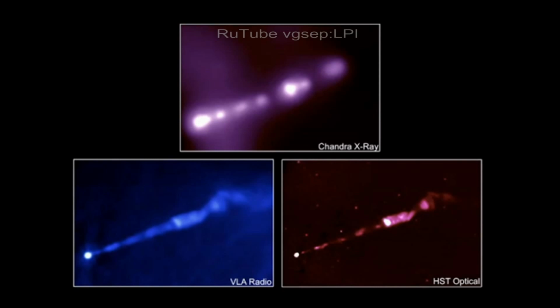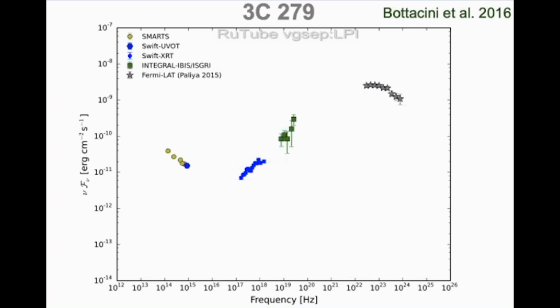And these images are all to scale, and you clearly see that the jet originates in the center of the galaxy itself. So now when we have a jet pointing at Earth, like the jet of 3C279, then you have a unique opportunity to model also the content of the jet.